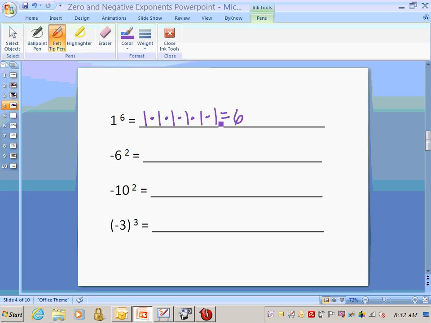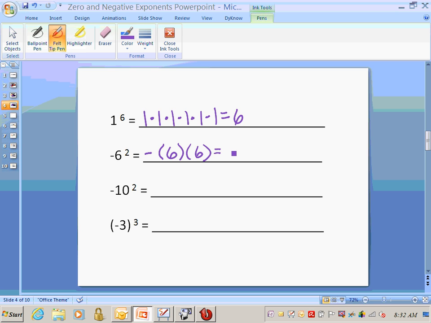All right. This is one of those little tricks again. Is the negative included with the 6? No, it's not in parentheses. So this is actually negative 6 times 6. The negative itself is not being squared because it's not included.